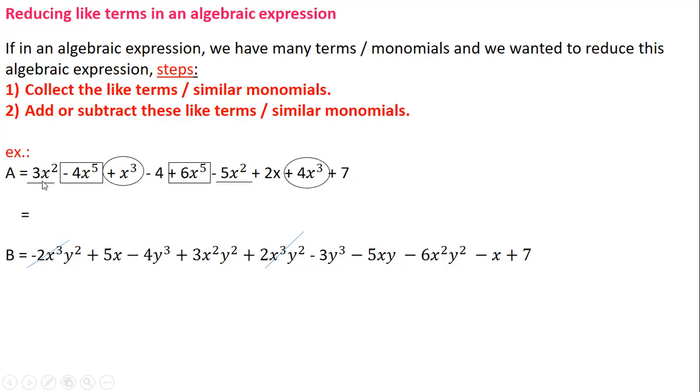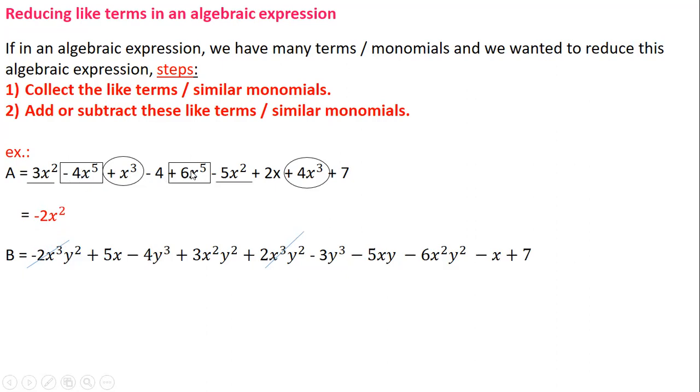Let us start. 3x squared and minus 5x squared, since they are like terms, to add or subtract them, we add or subtract the coefficient. We keep the variable with the exponent. 3 minus 5, it gives me minus 2x squared. Now minus 4x^5 and the plus 6x^5, also they are like terms.